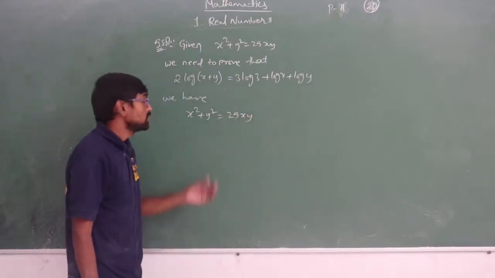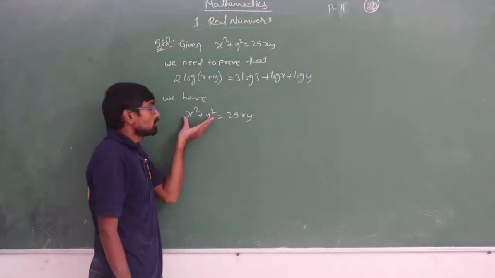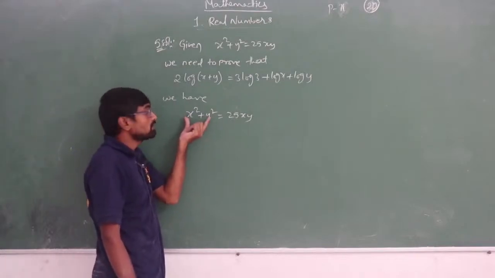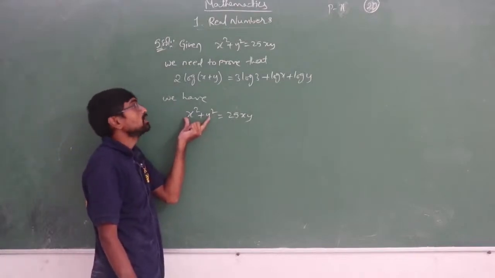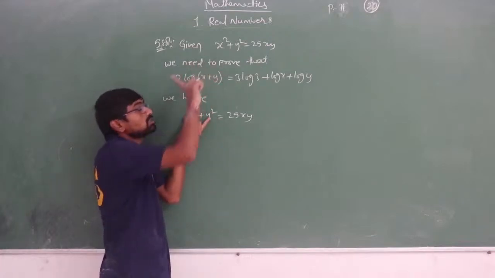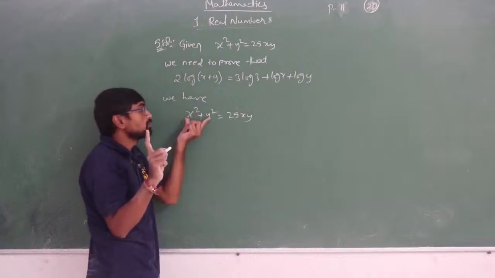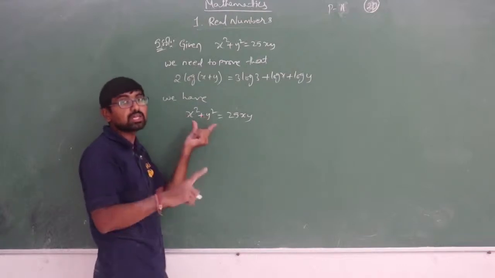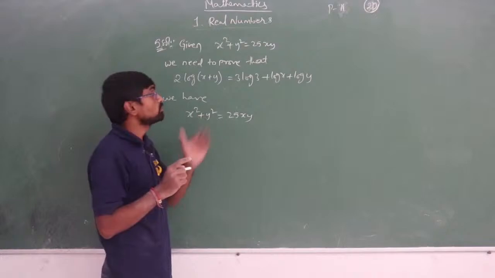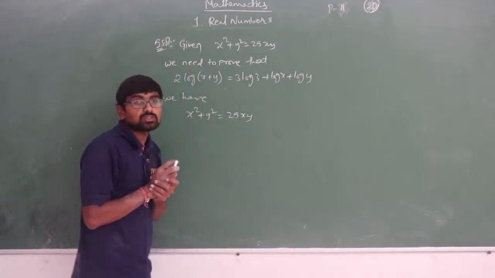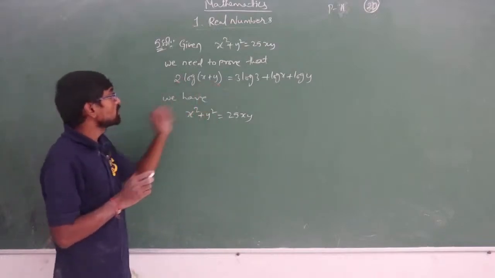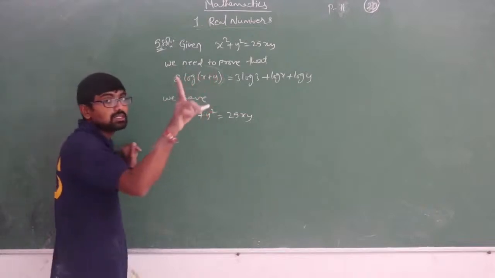Here basically we have 2 terms on the left hand side, but here the whole thing is one single term. It means that these 2 terms should be converted into one single term to show this.